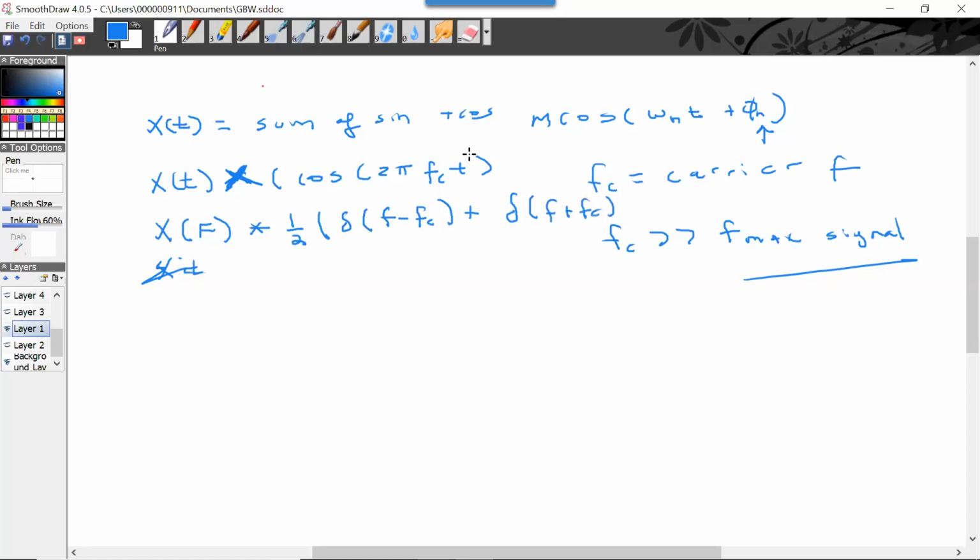So now we're going to convolve these two signals.